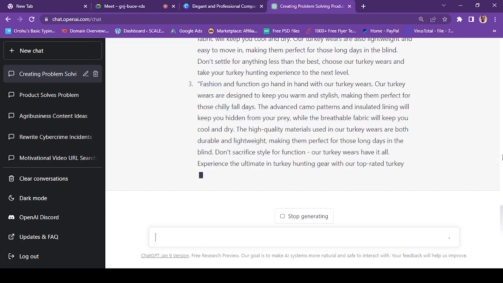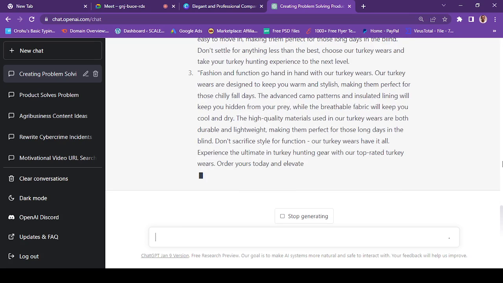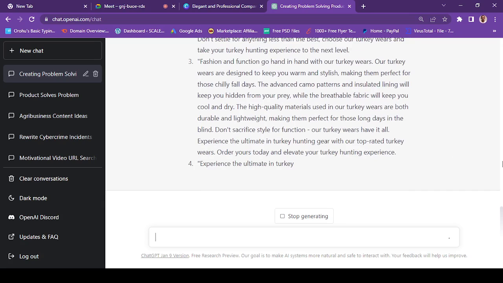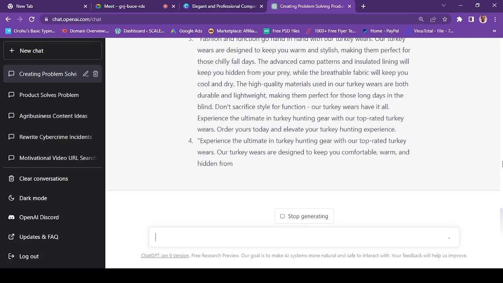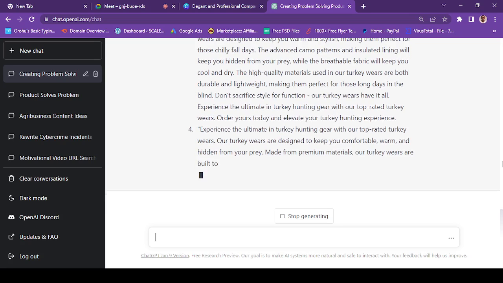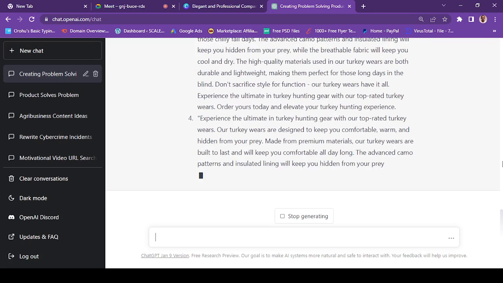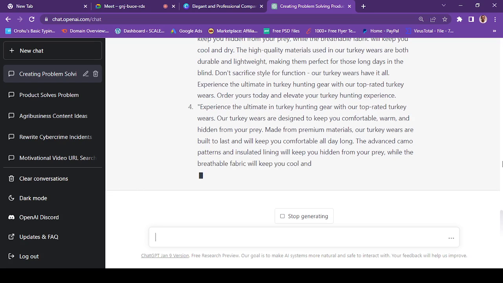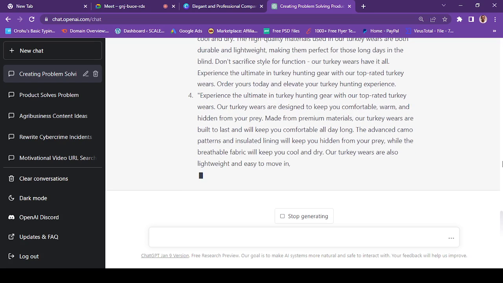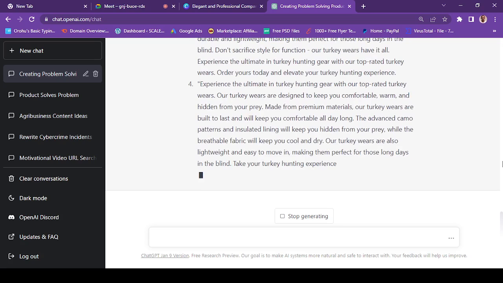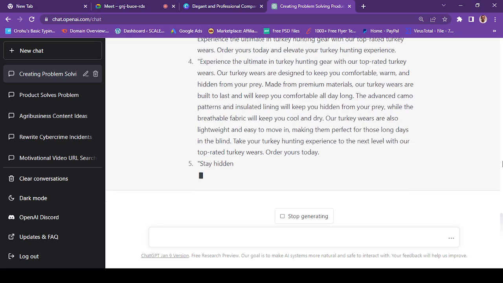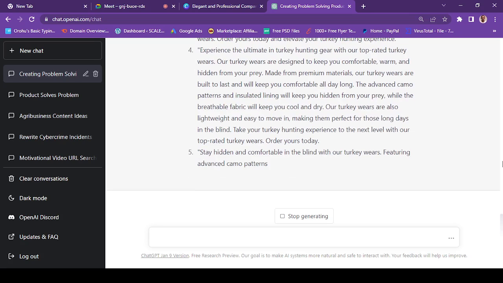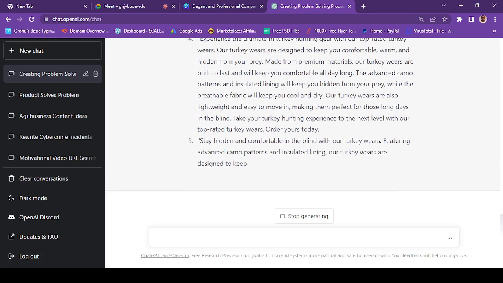So you can see it's still writing. Okay, I think this is the last one.